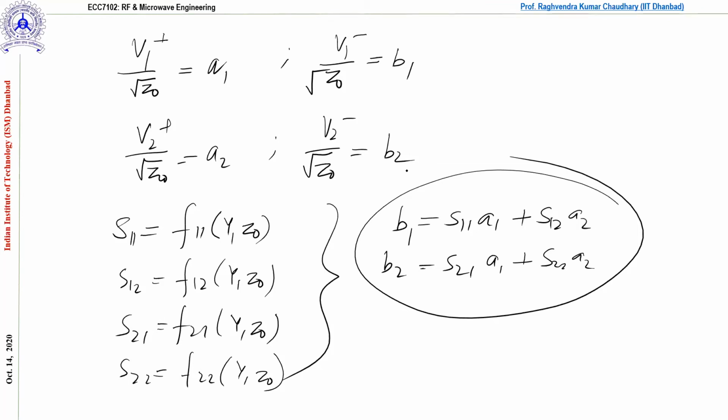Here, S11, S12, S21, S22 are known as the scattering parameters of this two-port system, and a1, a2, b1, b2 are the square roots of the incident and reflected, or scattered, powers. The common term we can use is scattering, so this is a scattering parameter.